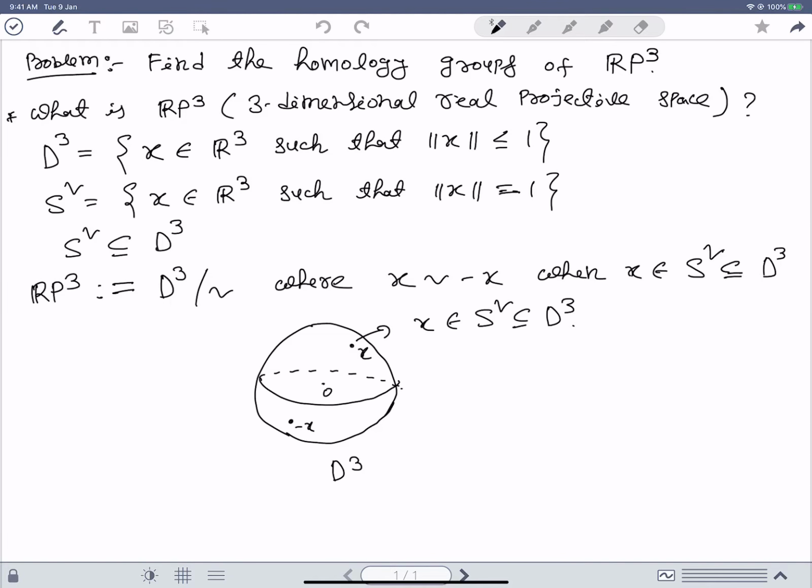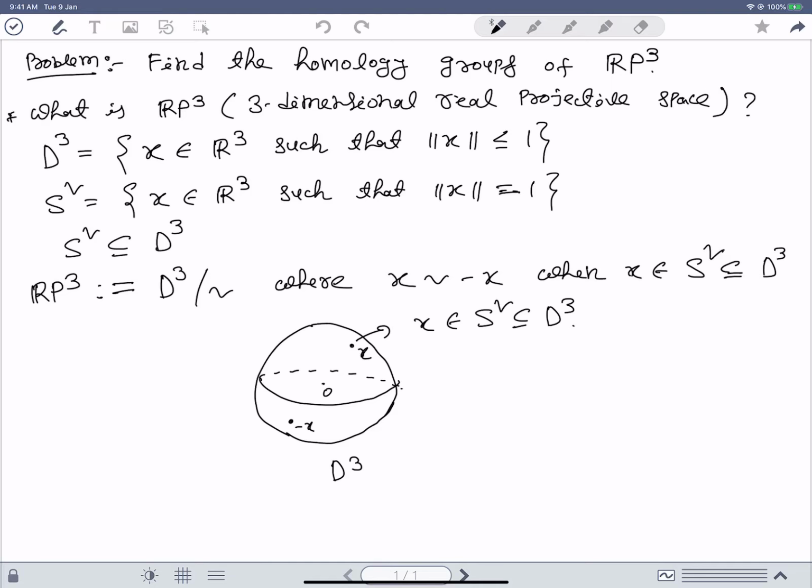Okay, now first of all we need to find a delta complex structure on this RP3, and then we need to find the homology groups. Fine. So how to find a delta complex structure on D3? What we will do, we will take two simplices.